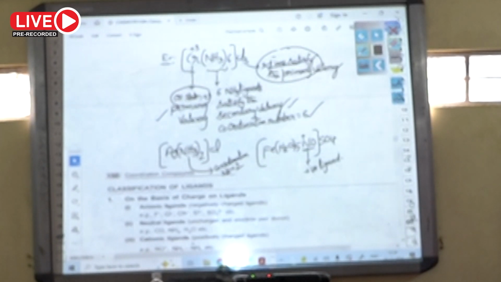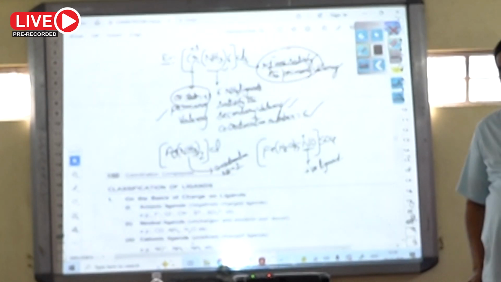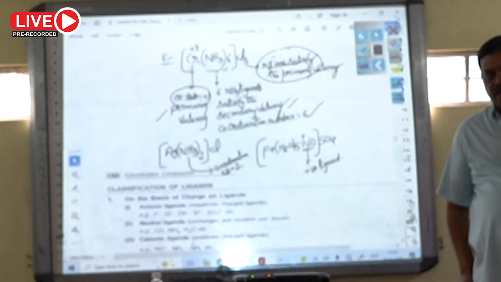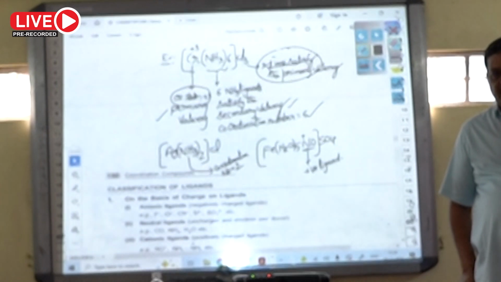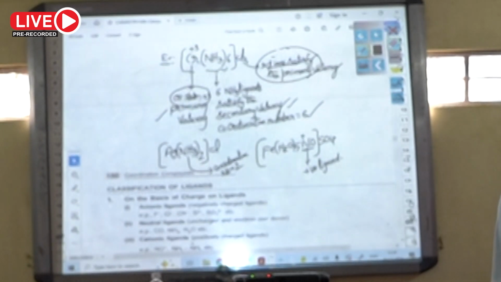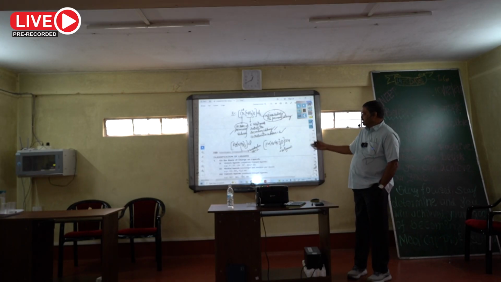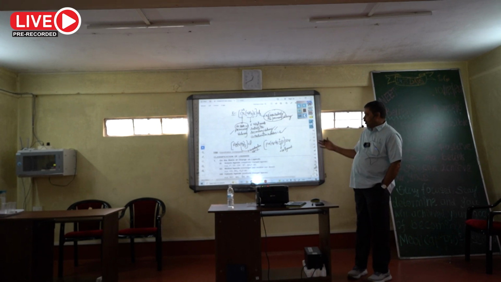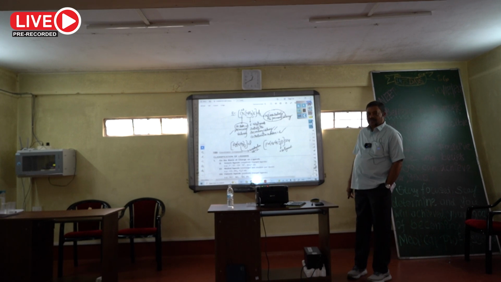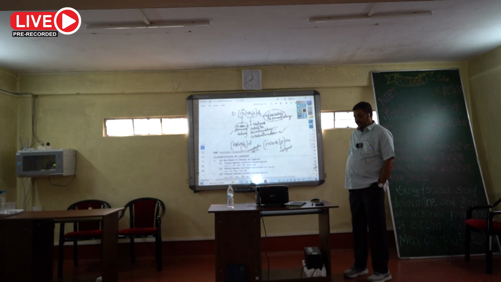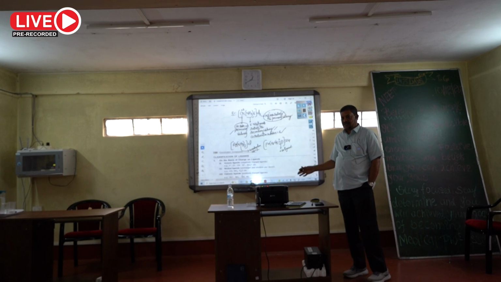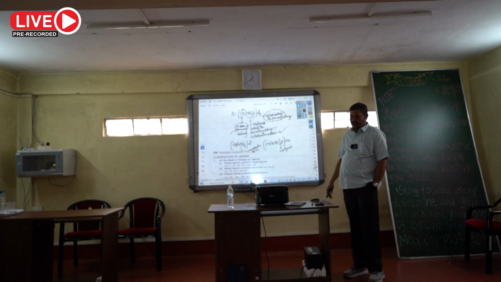Thus it has a linear geometry. What is the shape of [Ag(NH3)2]Cl? It has a linear geometry. So, like this. Now in the coming class we will discuss the classification of ligands: monodentate, bidentate, tridentate, polydentate. All these we will discuss as we continue with coordination compounds.